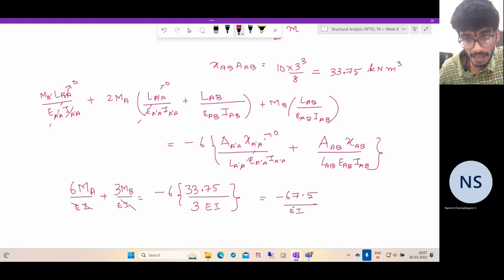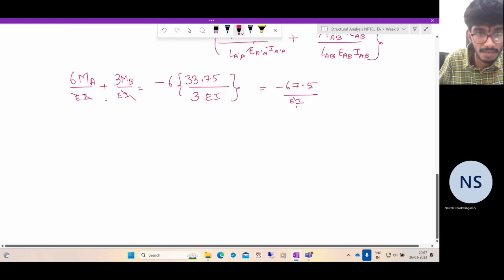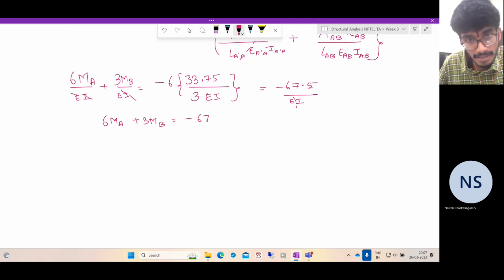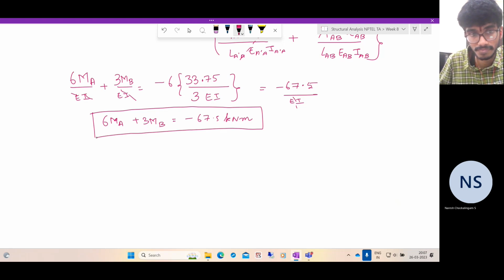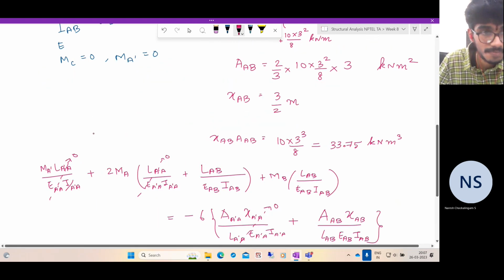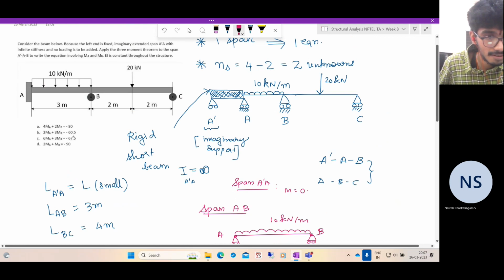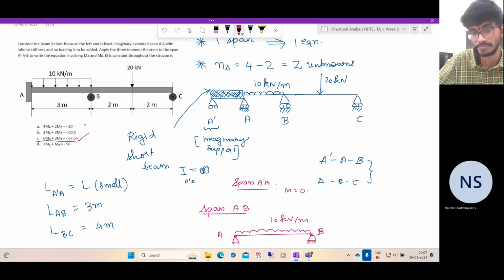So the equation that you get is 6 MA plus 3 MB is equal to minus 67.5 kilonewton meter. So this is one equation. The first equation is option C, 6 MA plus 3 MB is minus 67.5.